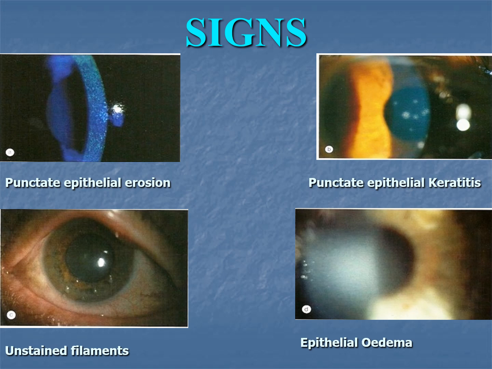And in picture C, left hand lower picture, you can appreciate the unstained filaments. They are mucostrands lined by the epithelium. And on the right hand picture, you can appreciate the epithelial edema.